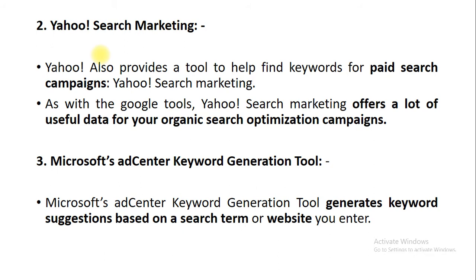Yahoo also provides a tool that helps you find keywords for paid campaigns. Remember one thing, it is just for paid campaigns. So when you want to perform keyword research on the Yahoo search engine, you can use Yahoo Search Marketing, which works for paid search campaigns.